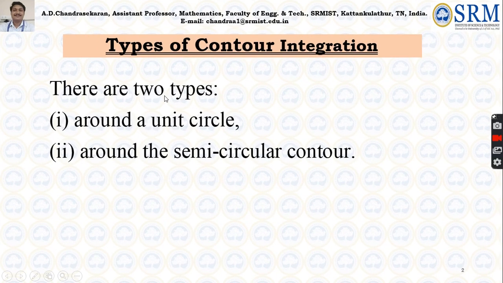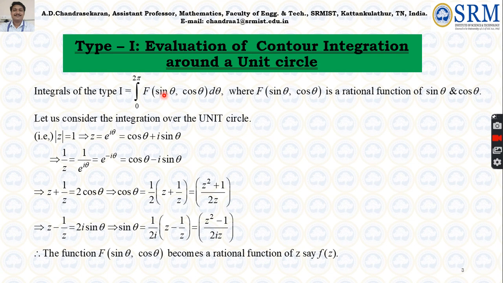Let us see the procedure behind this type 1, evaluation of contour integration around a unit circle. The given integral is of the form integral 0 to 2 pi of a rational function of sin theta and cos theta.